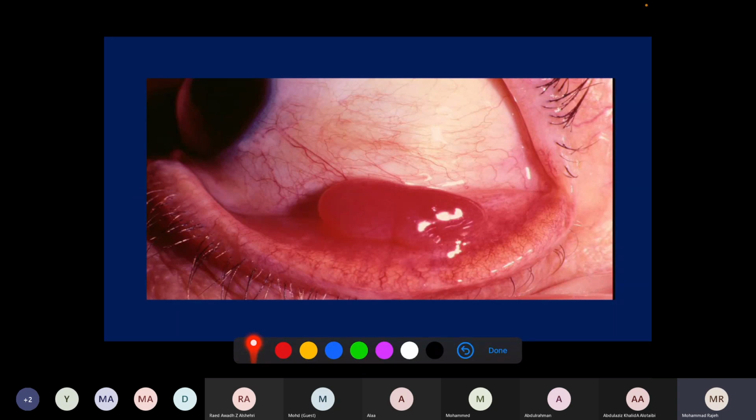Rahman. Okay, and what are usually the causes of pyogenic granuloma? Okay. So, what else? Okay. And what do you think is the cause in this?